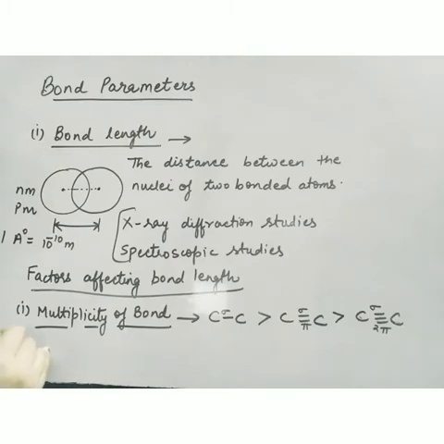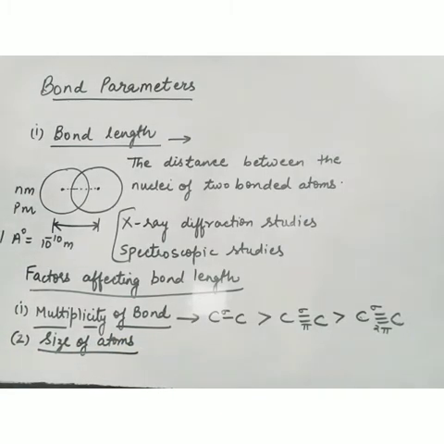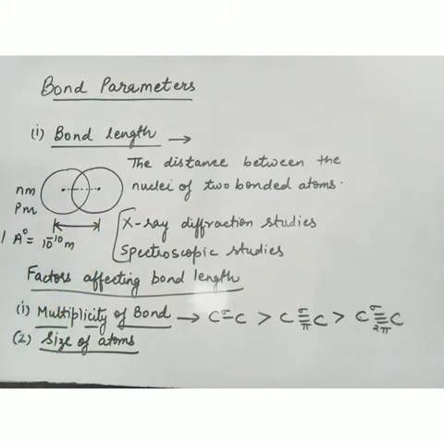The second factor on which bond length depends is size of atoms. Now what will happen if the size of atoms increase? This distance will increase. Suppose I am having carbon-carbon single bond and silicon-silicon single bond.